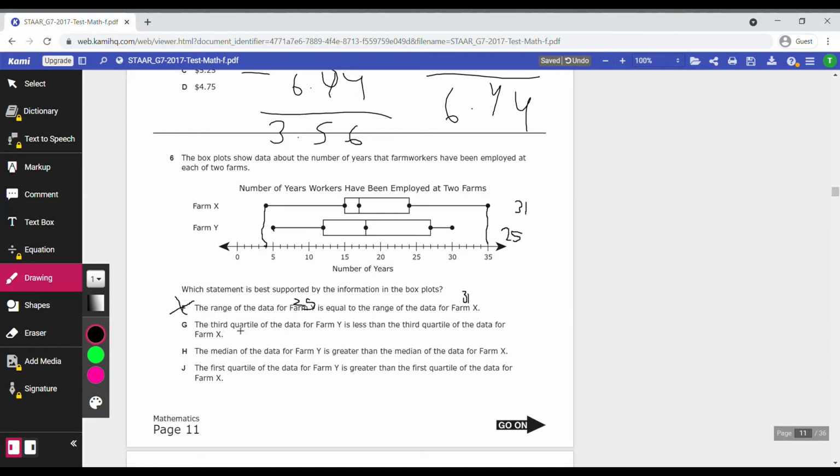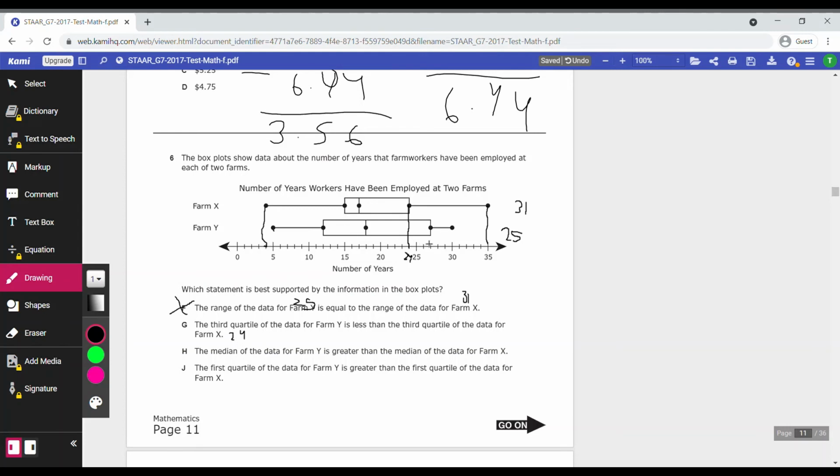And then G says the third quartile of the data for farm Y is less than the third quartile of the data for farm X. So this is our third quartile. We draw a straight line, and you can see it ends on 24, so farm X is 24. And then let's see what farm Y is.